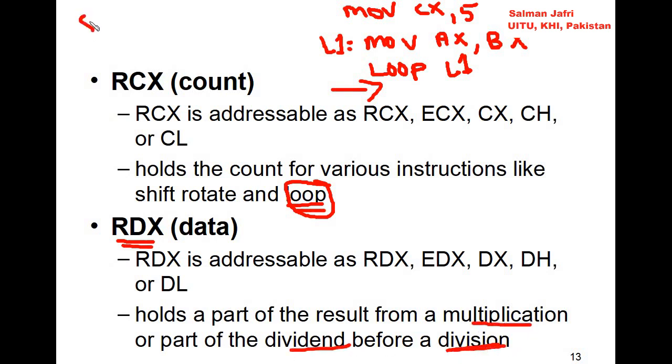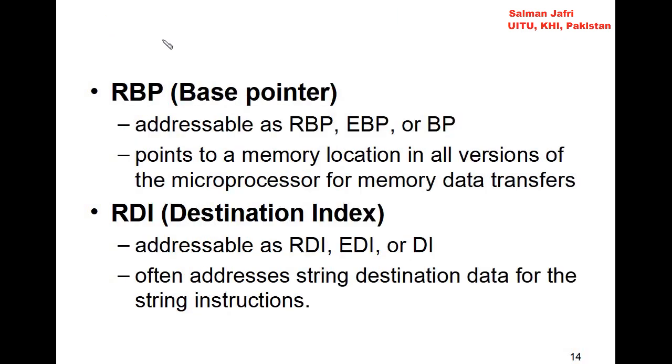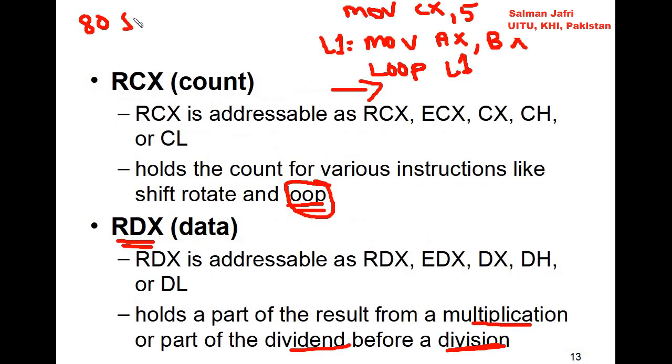So in the classical 8086 operation, when two 16-bit numbers are multiplied, the result is 32 bits. And that 32-bit result is stored in the combination of DX and AX. DX holds the upper 16 bits of the result and AX holds the lower 16 bits of the result.